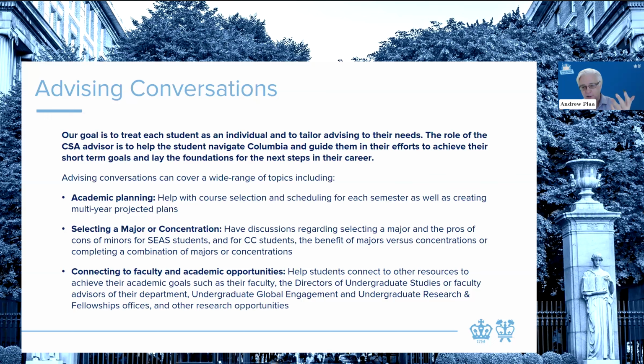We refer students to various campus partners, depending on the questions that students have. We can research these questions and answers together. We talk through with students about their short-term and long-term goals. Sometimes students come in without knowing what they want to study, and that's quite all right.